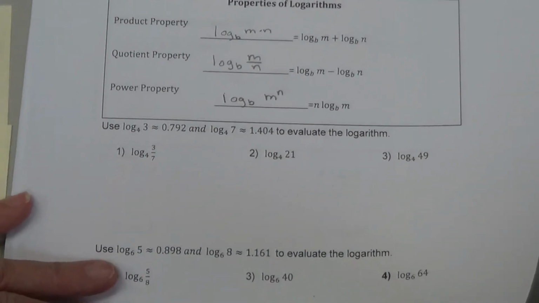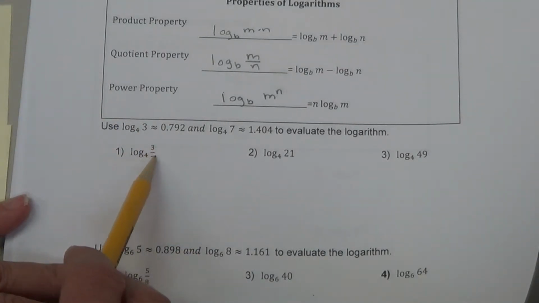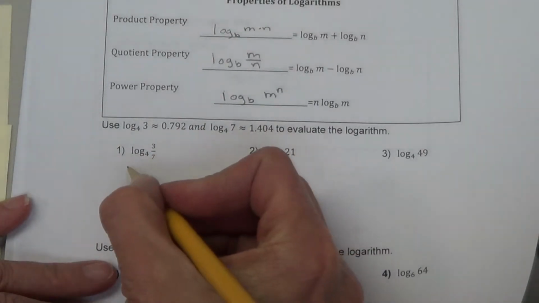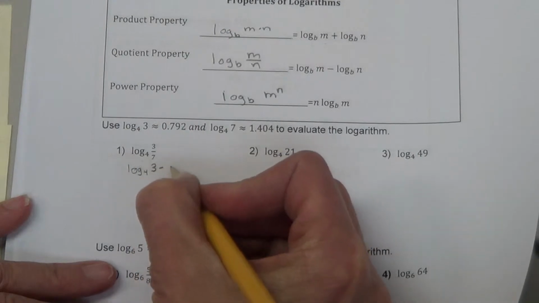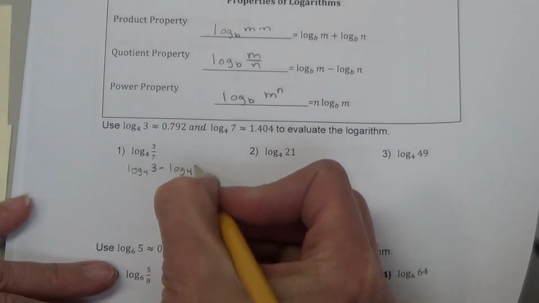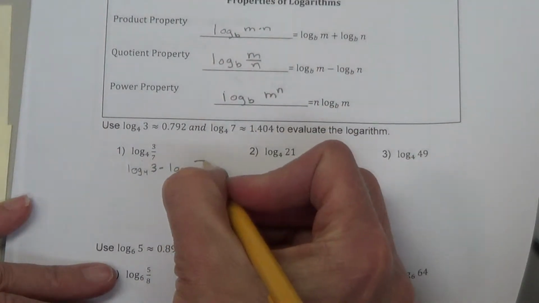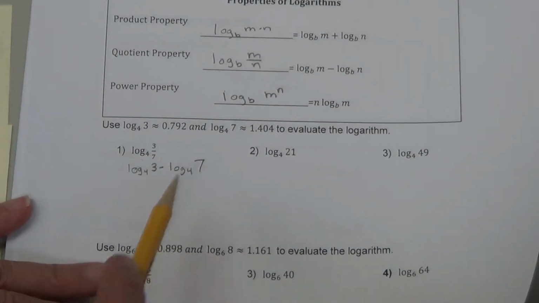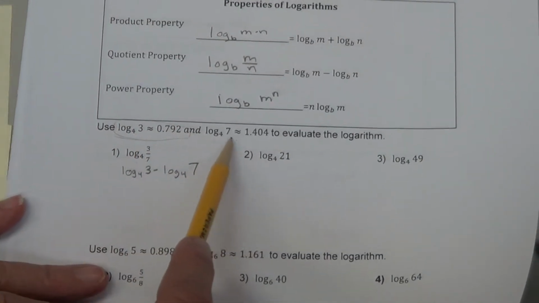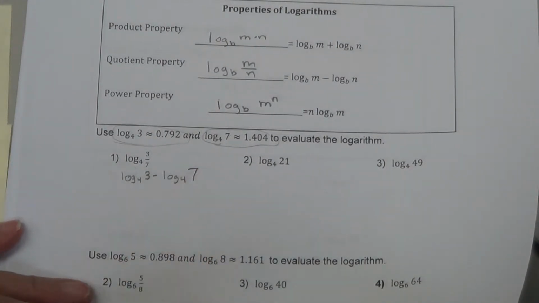So let's see how this works. If we have log base 4 of 3 divided by 7, then we know that we can expand this to log base 4 of 3 minus log base 4 of 7. Now, what I would want you to do is look up in the directions. I give you an approximation for these logs. I've just simply calculated those for you. And then go ahead and plug those in and finish.